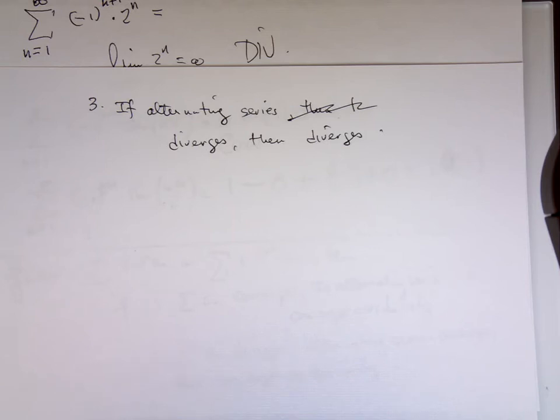Why wouldn't 3 be like 1? 1 is just the opposite of 3, because if the positive series converges, the alternating series will converge absolutely. It doesn't even have to alternate to converge. All right, let's do some examples. You ready? How about this one?